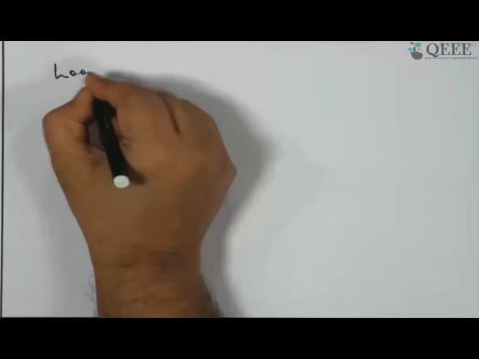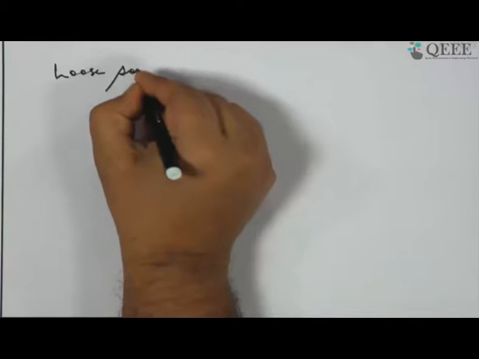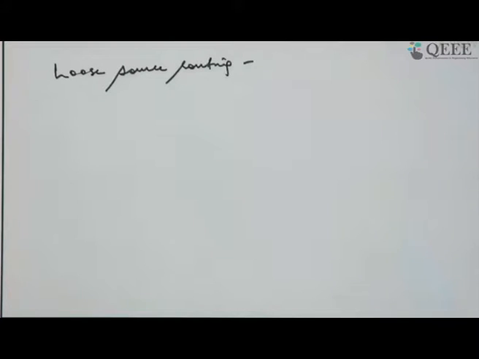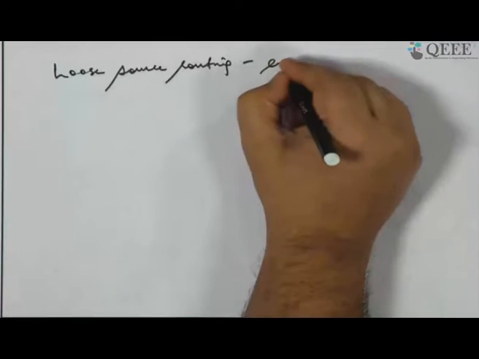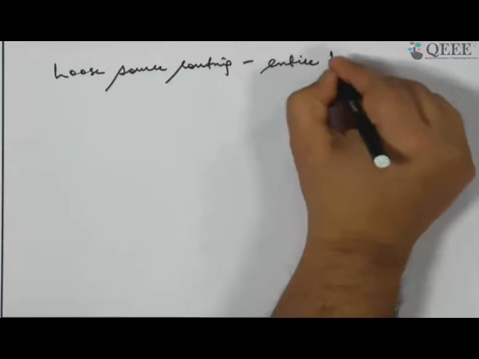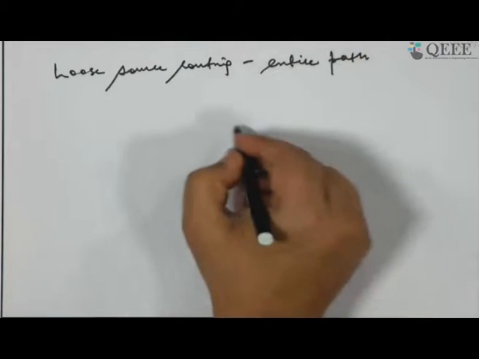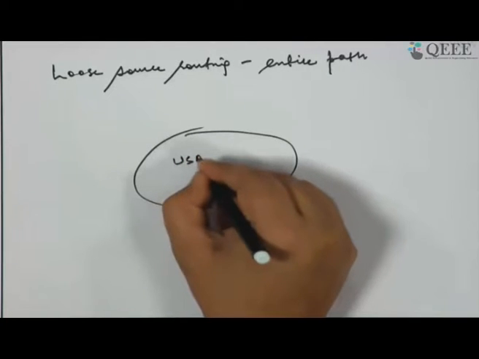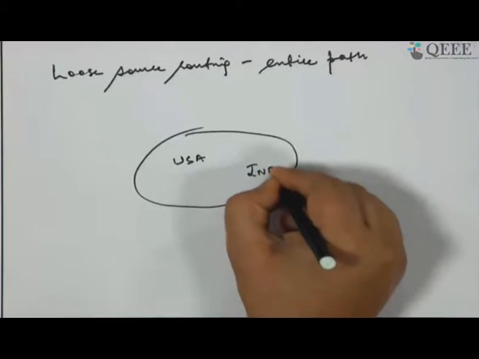Okay. The next is loose source routing. So what is loose source routing? Loose source routing is you don't give the entire path, but say you are going from USA to India.